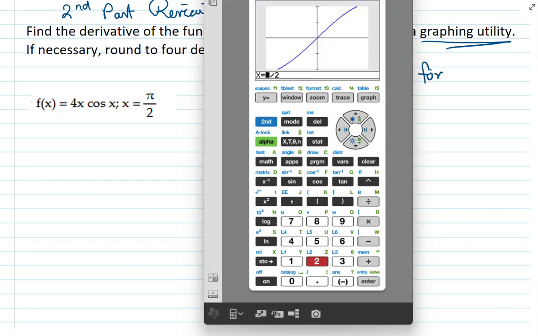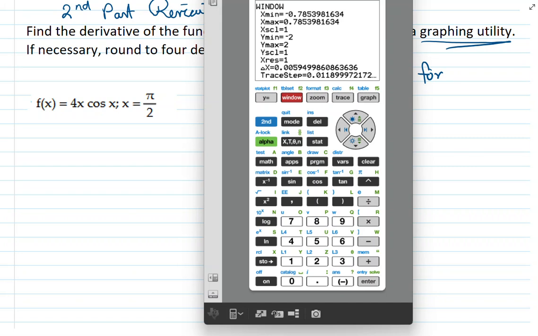So let me go to window, and I have it very, very small, if you remember. So I want to put this at 0, and then I'm going to go to pi halves. And now I will graph it. And I'll make this pi fourths.